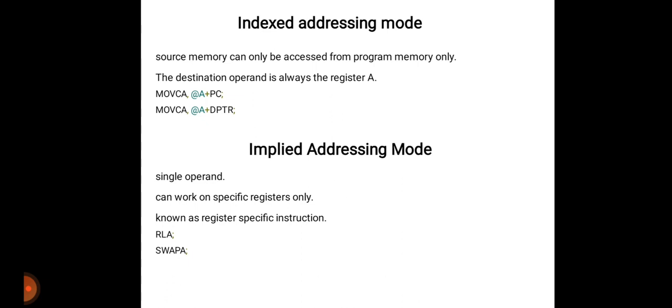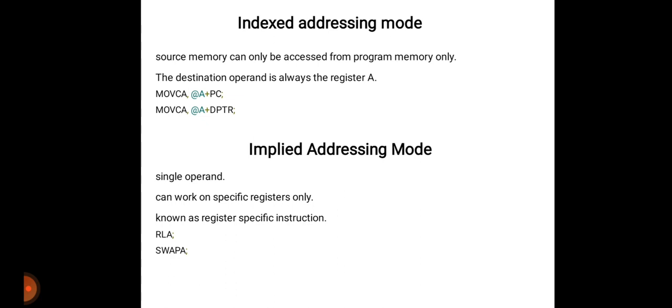Then the next one is implied addressing mode. In this mode, there is a single operand only. These are instructions which work on specific registers only, also known as register-specific instructions. Some examples are RL A, SWAP A and CPL A. These are 1-byte instructions.